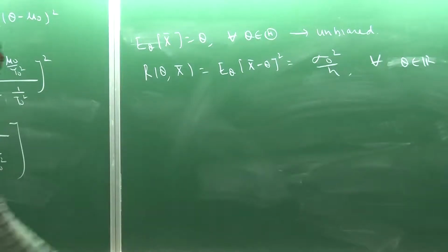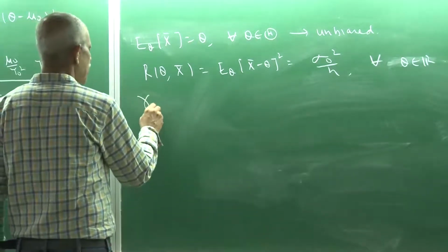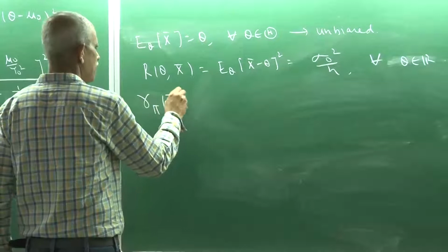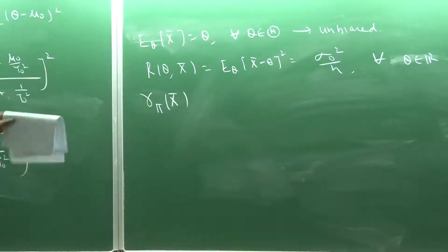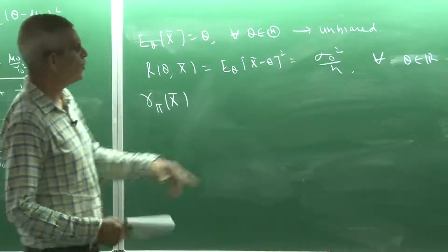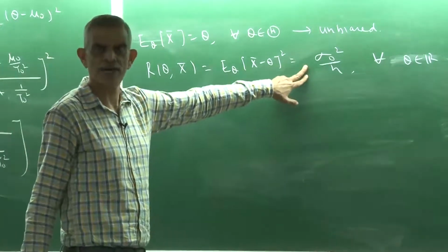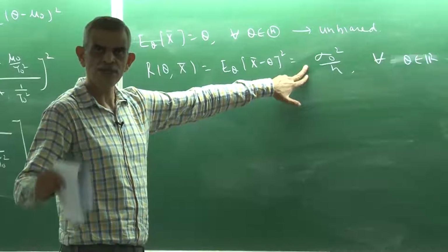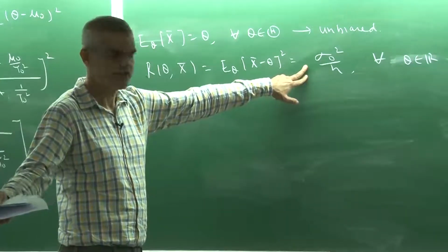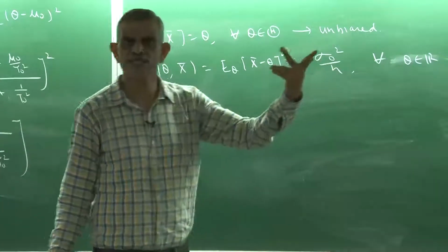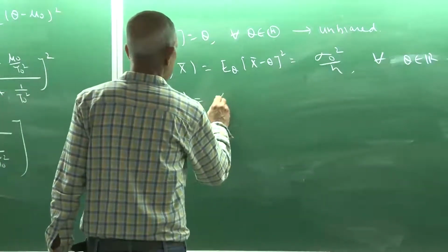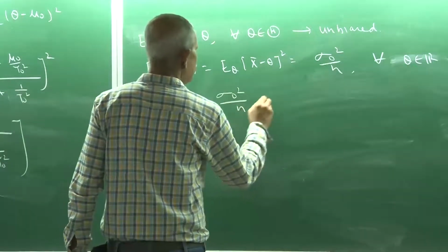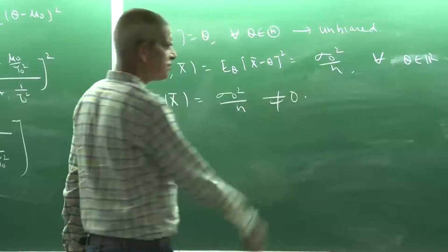So what do you get? So that means R(pi, x bar), the Bayes risk of x bar with respect to pi, would be expected value with respect to any proper prior distribution. But the prior distribution would be a function of theta. It is a constant, so it will be expected value of a constant. So it is sigma naught square by n, which is not equal to 0.